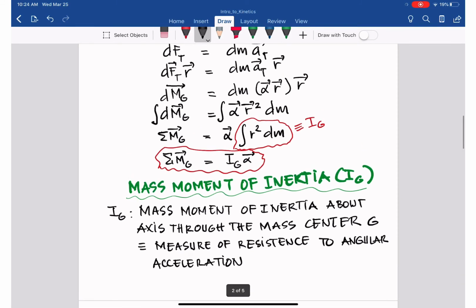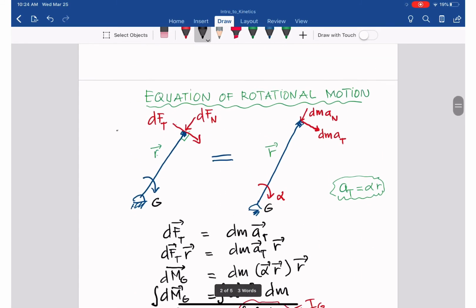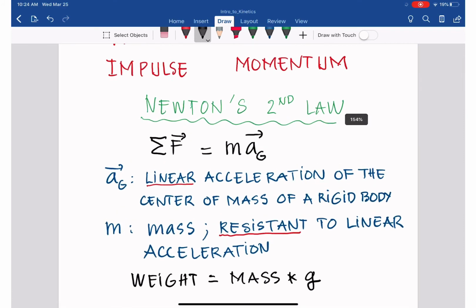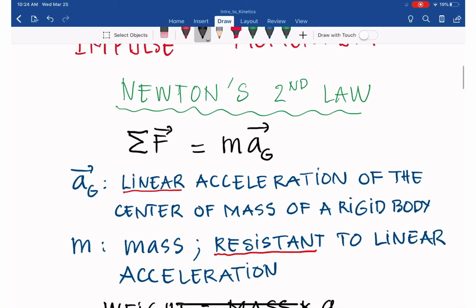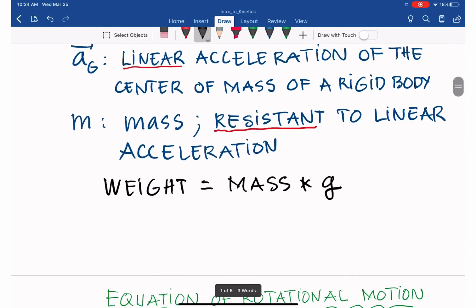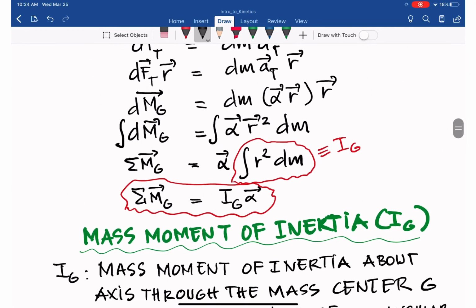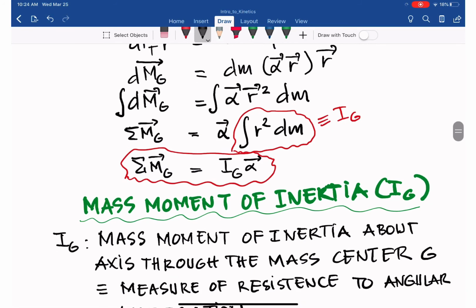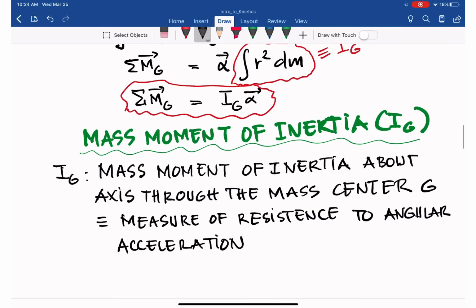So go back. In the previous video we said F equals ma, and m is the mass resistance to linear acceleration. With the same force, if the mass is higher, acceleration goes down. That's why we call mass the resistance to linear acceleration. Similar to the equation here, with the same moment applied on the body, if Ig is bigger, alpha will reduce, and that's why it's resistant to the angular acceleration.